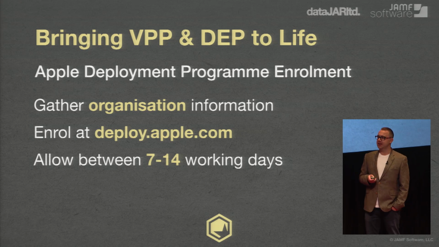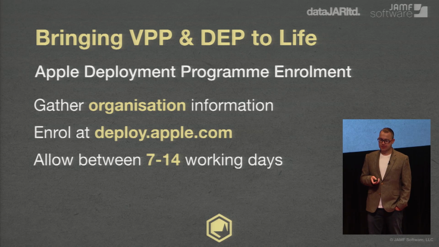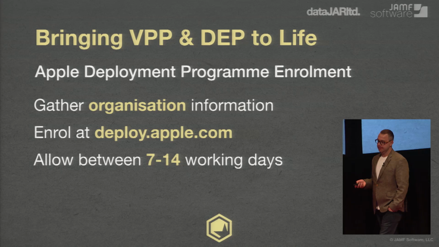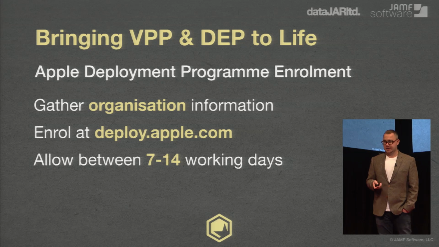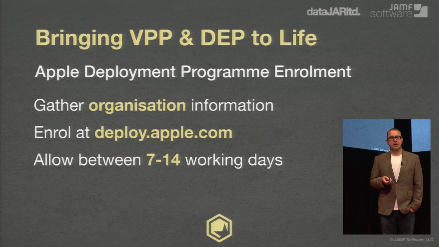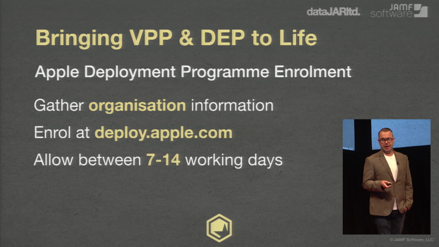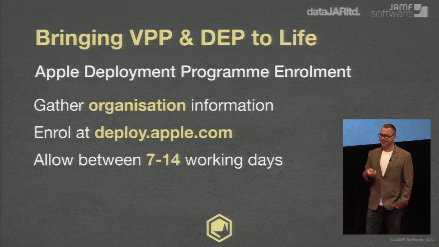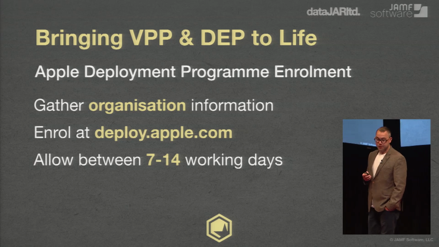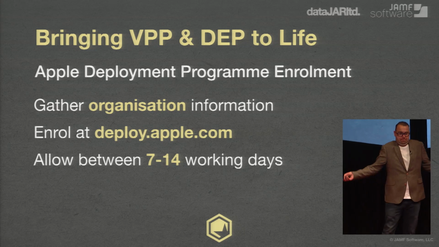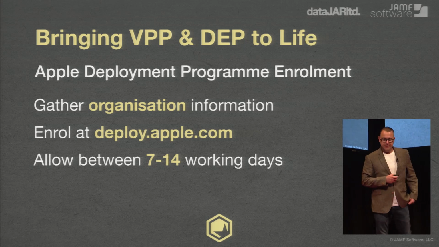First off, we need to gather organization information. Okay, what do we mean by that? An address. We deal with free schools in the UK, so these are schools that actually haven't been built yet. So it gets quite hard when you go, "Can I get your address?" and they go, "We've not got one yet."